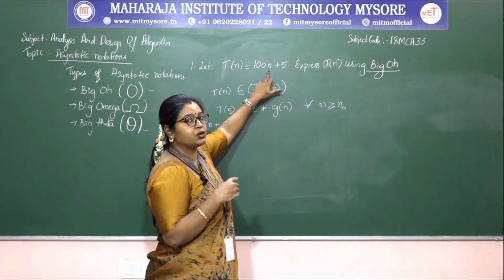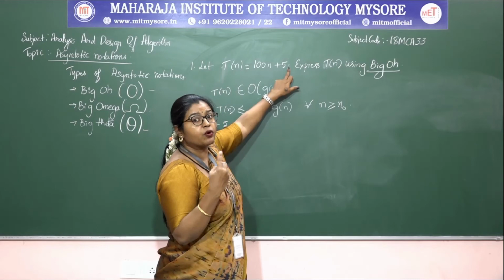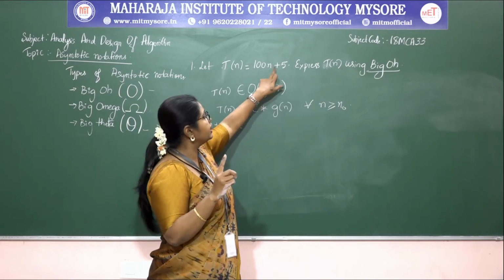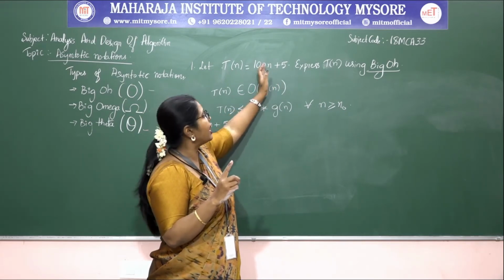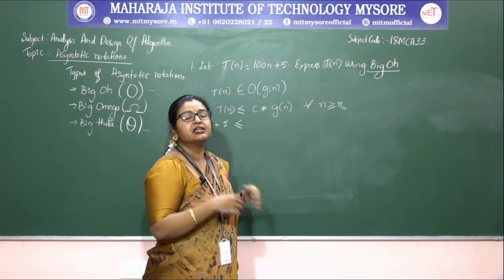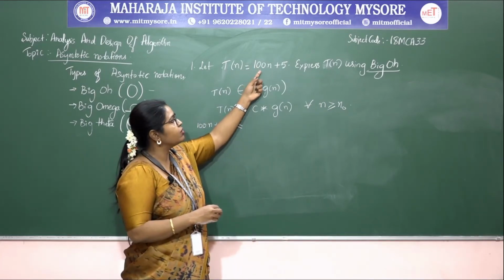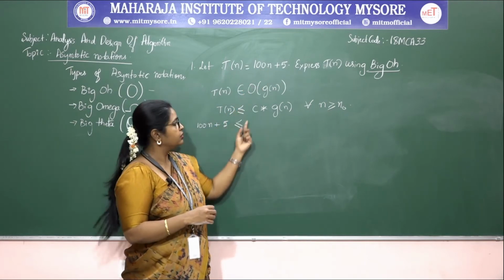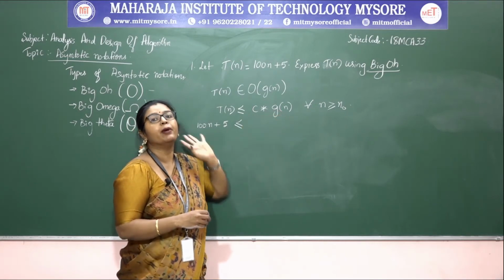So the highest order degree of this equation is 1, and for the constant it is n to the power of 0. So we need to consider n, and the lower order terms can be neglected or represented in some other way. Now we need to convert this equation, 100n plus 5, into C into g of n format.